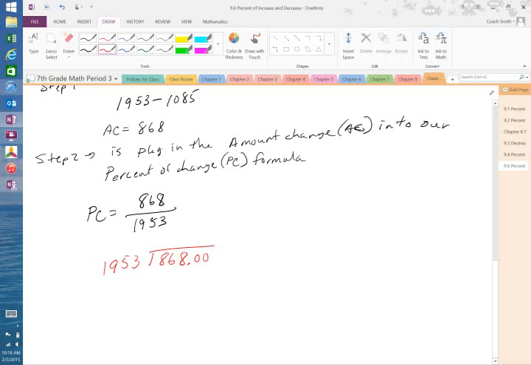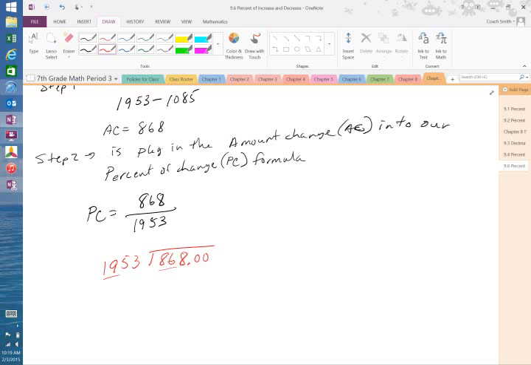Well, 1953 doesn't go into 868. So 1953 goes into 8,680. Okay, I've got to look at this. 19 and 86. 19 goes into 86 how many times? 4 times. 4 times 20 would be 80.